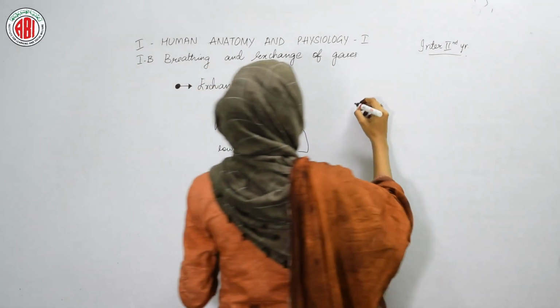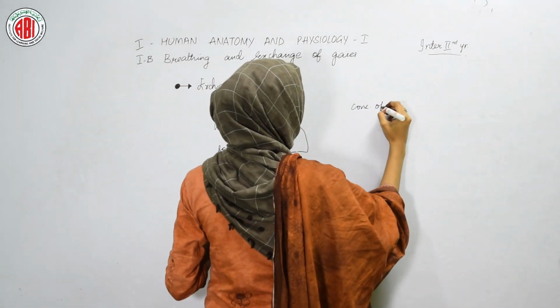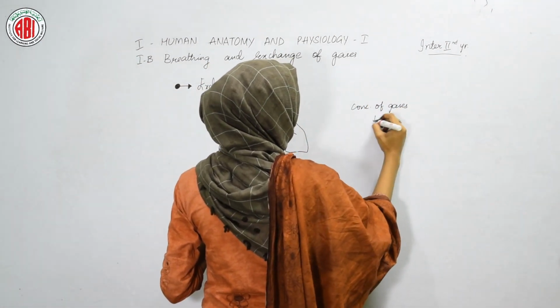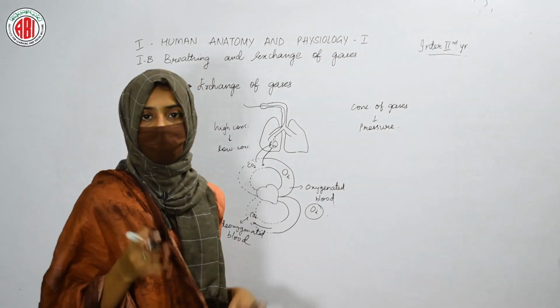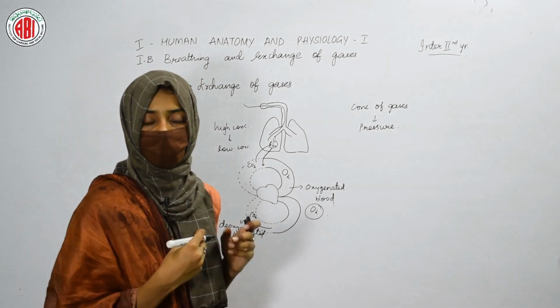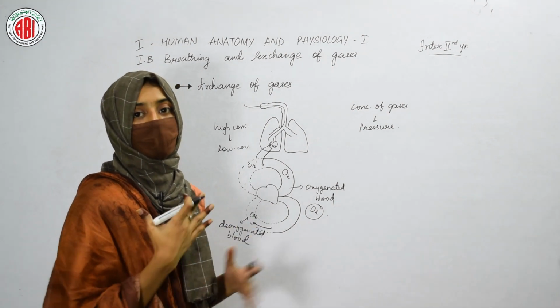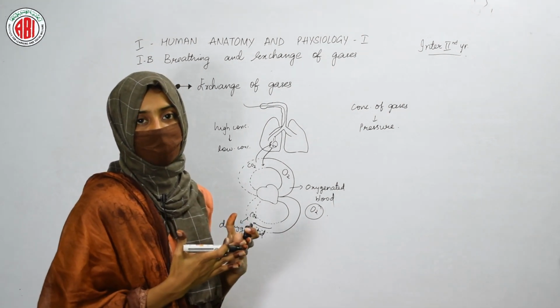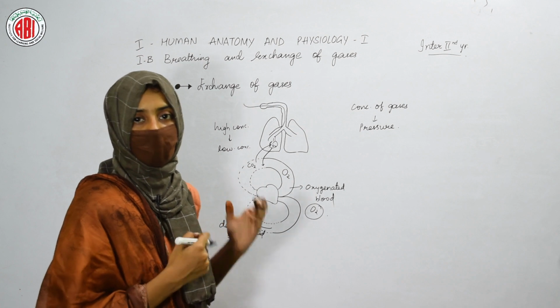The concentration of different gases is termed as pressure. We all know that air is a mixture of gases. Only oxygen does not enter the body; a combination of gases enters our body.